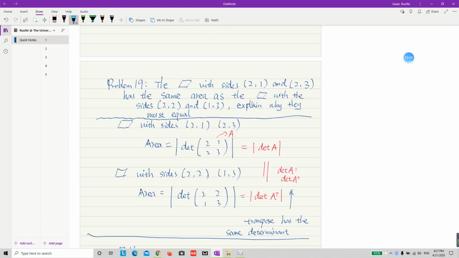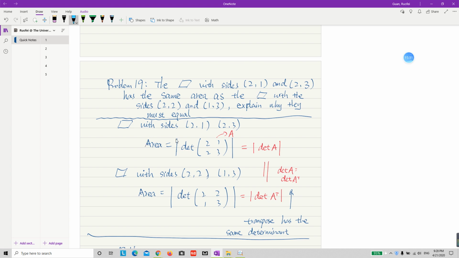Let's see the last problem, 19. The parallelogram with sides 2, 1 and 2, 3 has the same area as the parallelogram with sides 2, 2 and 1, 3. Explain why they must be equal. So we list their areas.